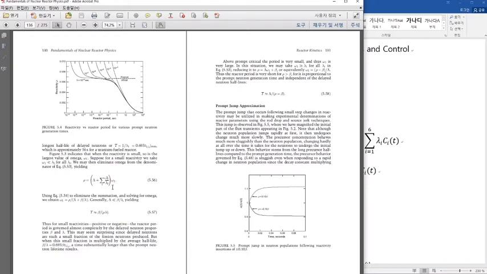And of course, the reactor period will be the inverse of omega 1. So that is given here in 5.57.